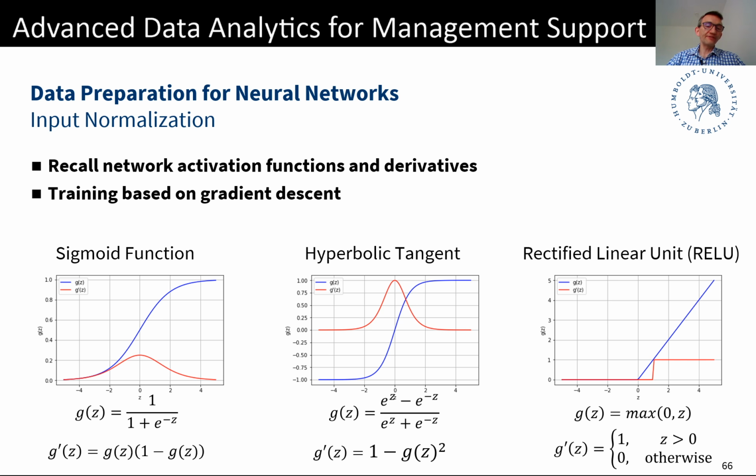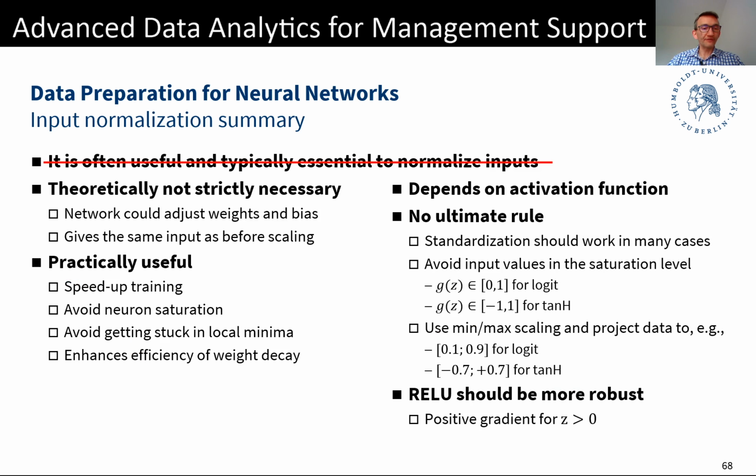It doesn't go to 0. So in that regard, the ReLU is a little bit more robust here and might not require input normalization as much as a neural network where as activation function you use tanh or the sigmoid. Which is one reason why today the ReLU function is the standard choice, unless you have reason to use something else. So theoretically not necessary, but practically useful.